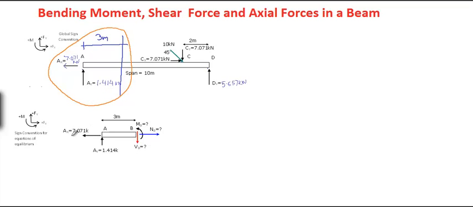Two reactions are at their positions, and we cut the beam at a point, let's say this is point B. Then we have vertical shear force at B, horizontal normal force at B, and the moment at B. So there are 3 internal loads at point B, so that this portion of the beam will be in equilibrium.